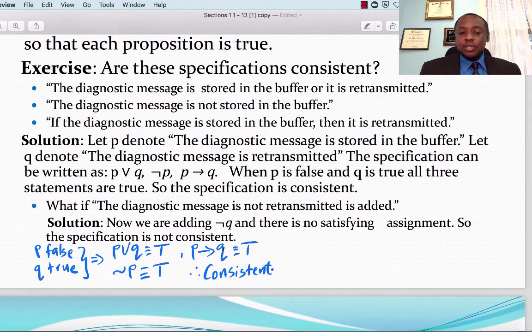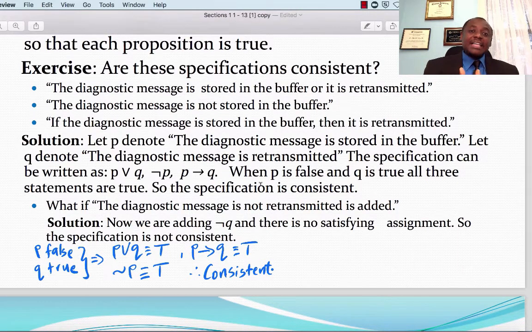P implies Q would be false implies true, which is true. So I have found truth values such that all three propositions end up being true. So we say the system is consistent. So when P is false and Q is true, all three statements are true, so the specification is consistent.